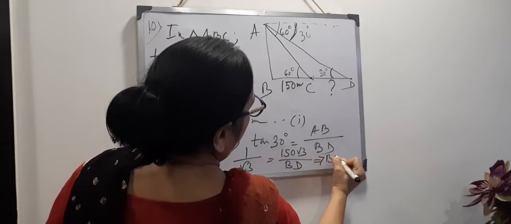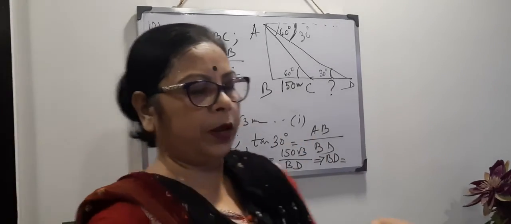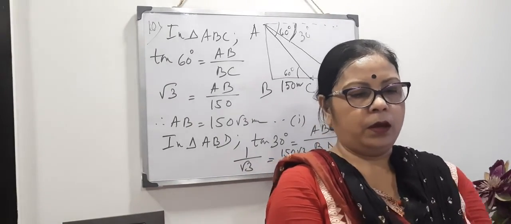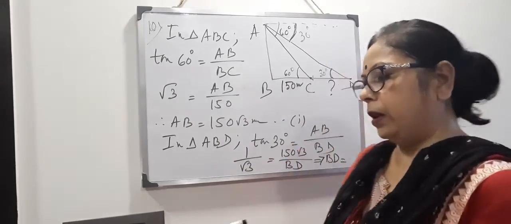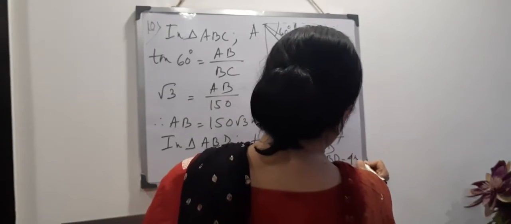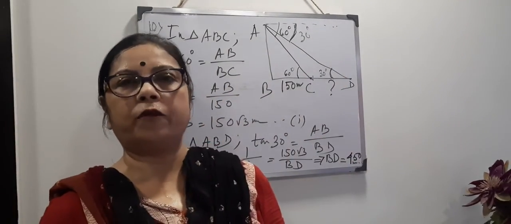So from here, what is your BD? If we cross multiply, 150 into 3 means it is coming 450. Clear? We have got BD equals 450.